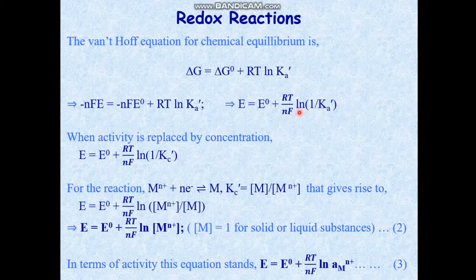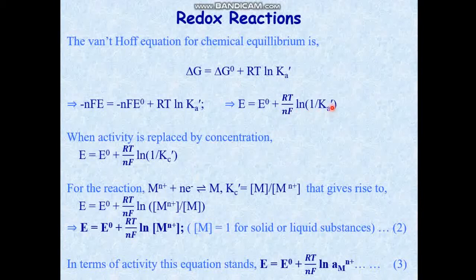Why is it 1 by K dash? Because there is a minus negative term. So if this negative term is removed, this positive sign would become the negative sign. Now, in order to make this negative sign into positive sign, we have to reciprocate K dash, and as a result, it is written as 1 by K dash.